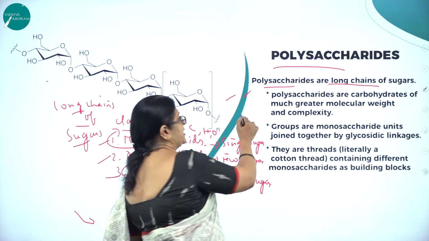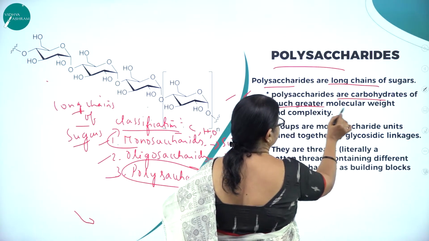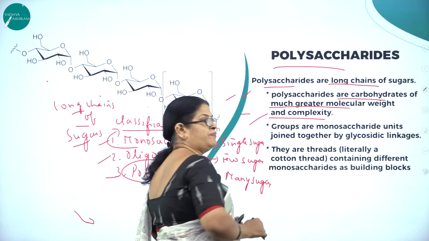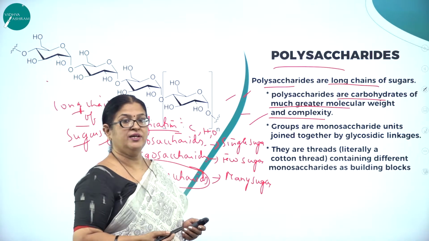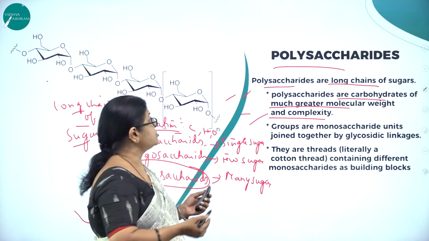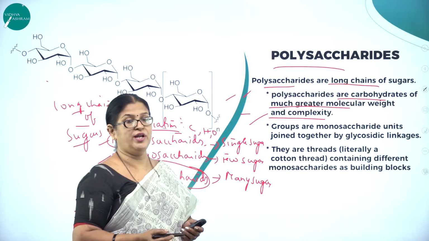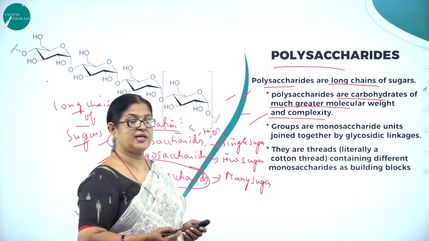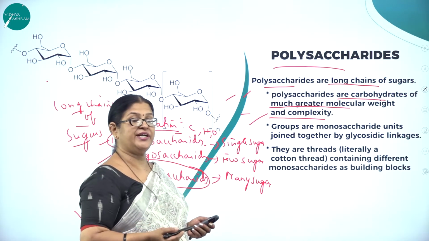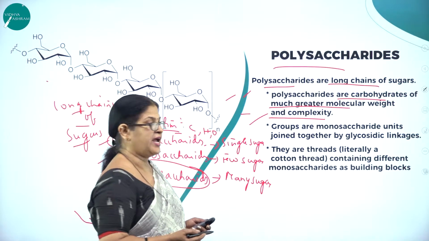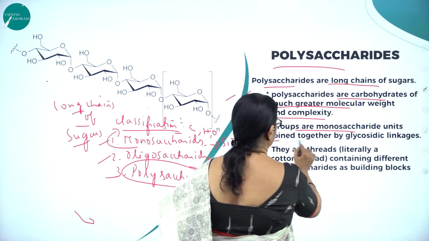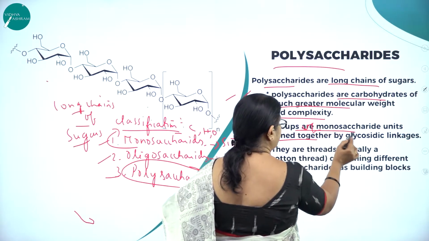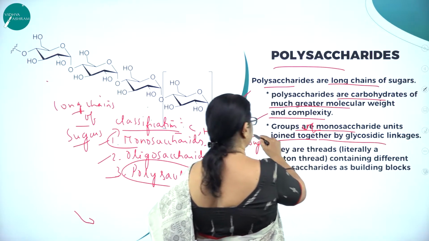Polysaccharides are carbohydrates of much greater molecular weight and complexity when compared to oligosaccharides like disaccharides, trisaccharides, right? Groups of monosaccharide units are joined together by glycosidic linkages.